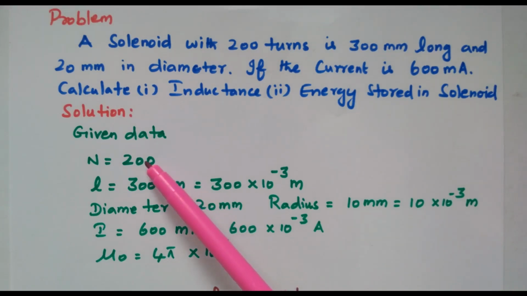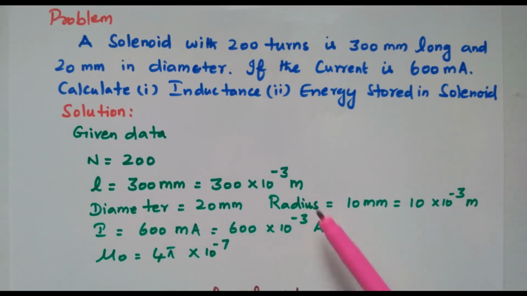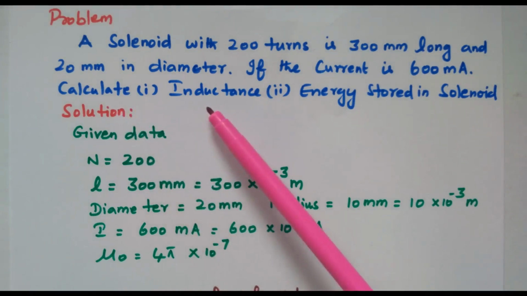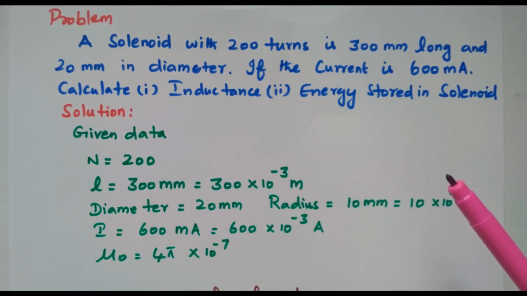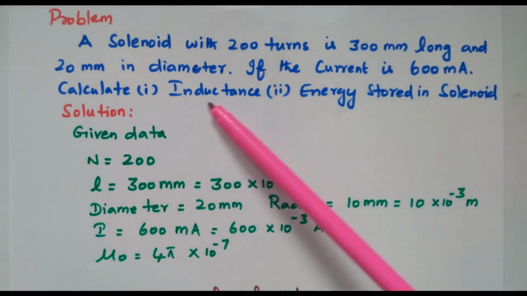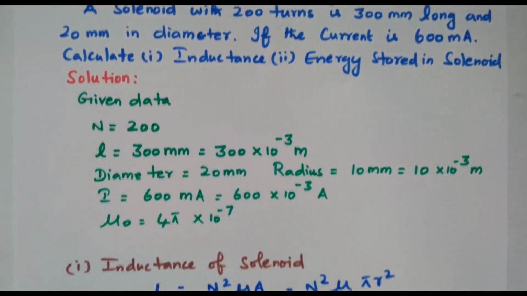The number of turns, length and diameter are available, and from that we calculated the radius. The current is 600 milliampere, that is 600 into 10 to the power minus 3 ampere. We have the constant mu naught equal to 4 pi into 10 to the power minus 7. We need to calculate the inductance of this solenoid and the energy stored in the solenoid. We will find these one by one.